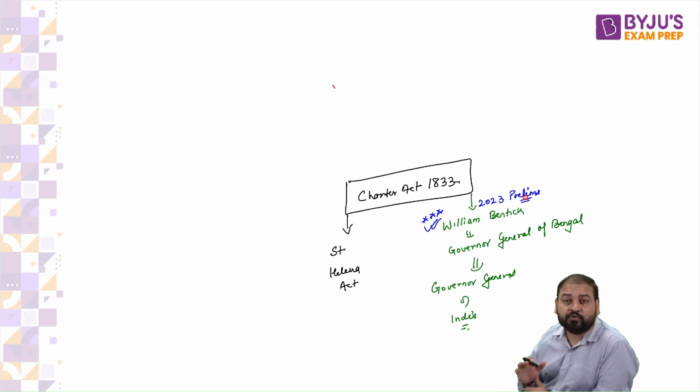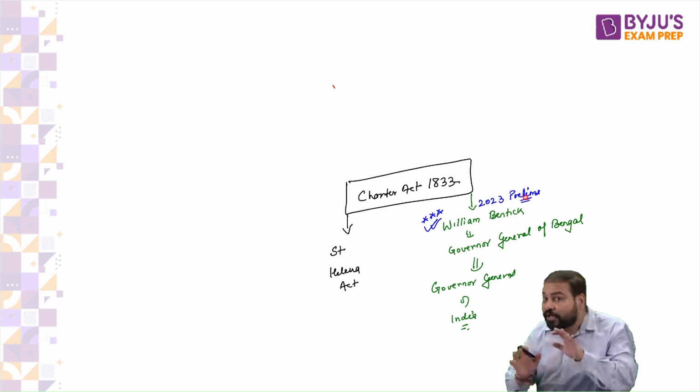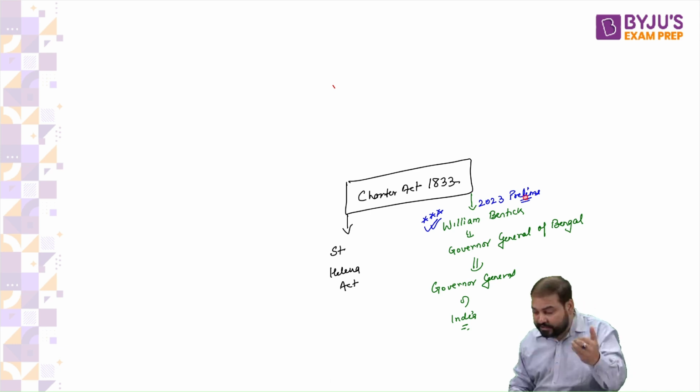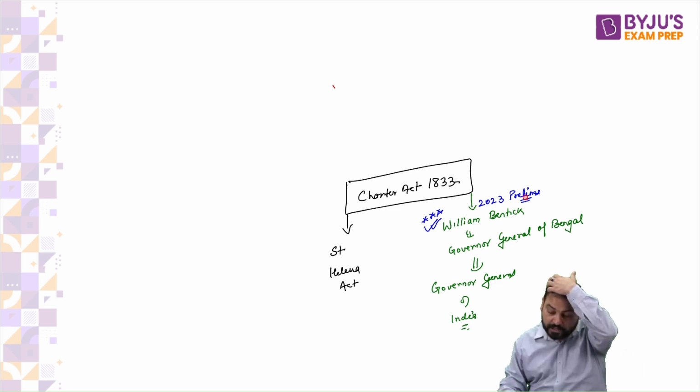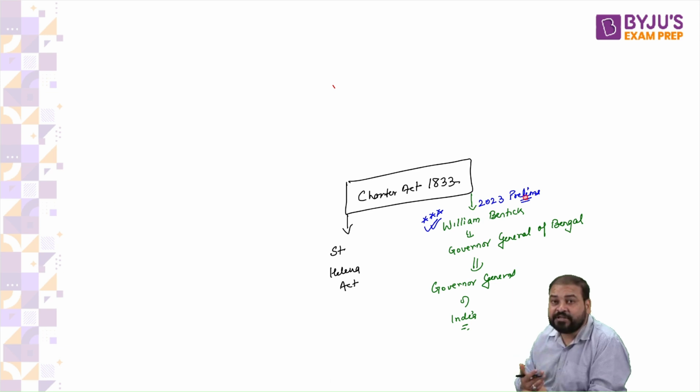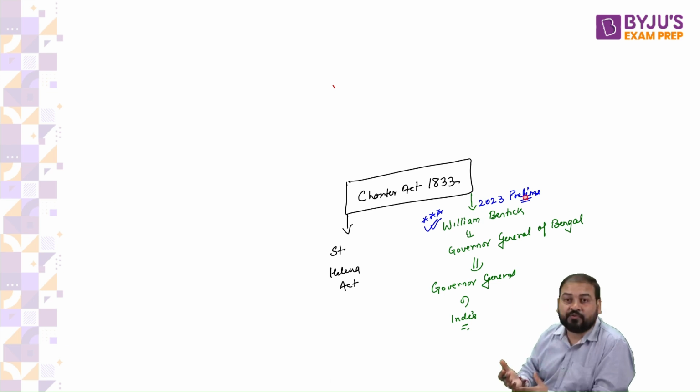I'm only suggesting you do a brainstorming of what you would have written. I'm not asking you to write the whole essay. Brainstorming means rough work. Please understand why I'm telling you. Those who have written well, and those who have not studied right now, think what you would like to write.